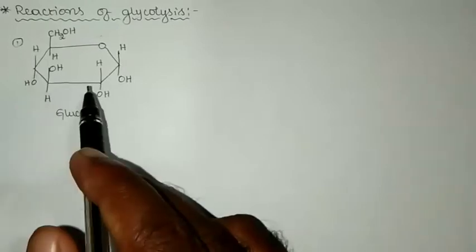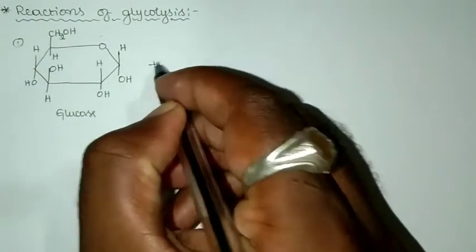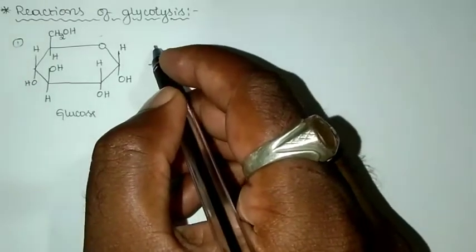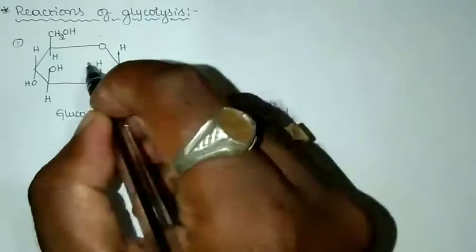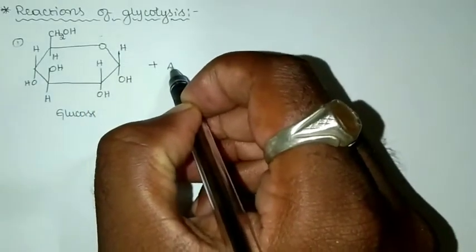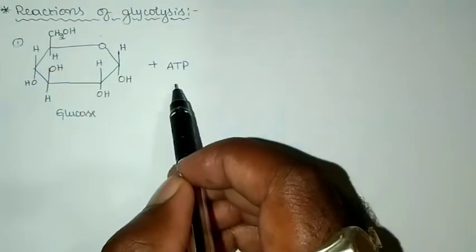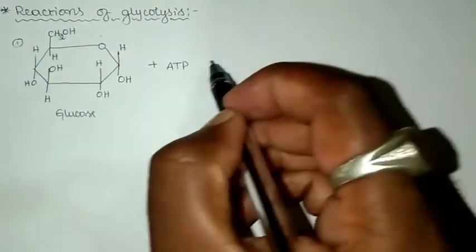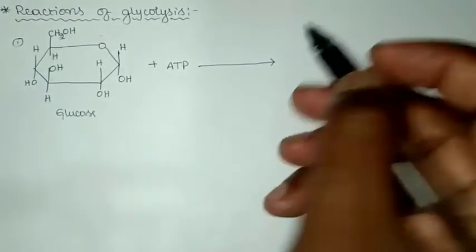We have taken the Haworth structure of glucose, and glucose has to be converted into glucose 6-phosphate. That means phosphorylation should occur, and in order to phosphorylate a carbohydrate molecule, we need utilization of ATP, that is adenosine triphosphate. And phosphorylation will always be an irreversible process.